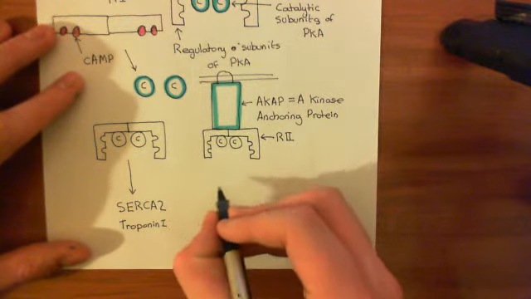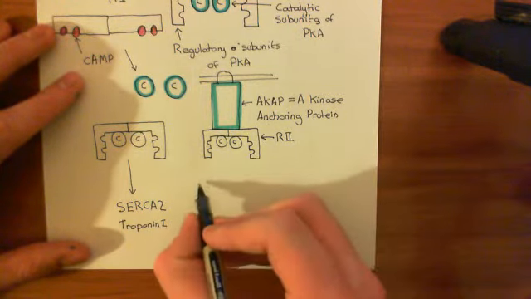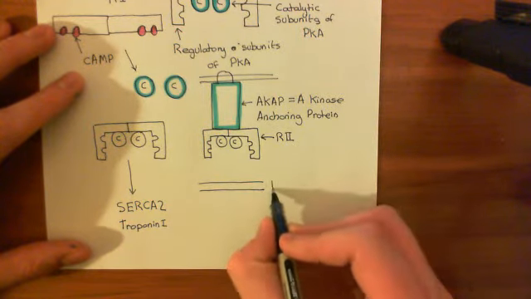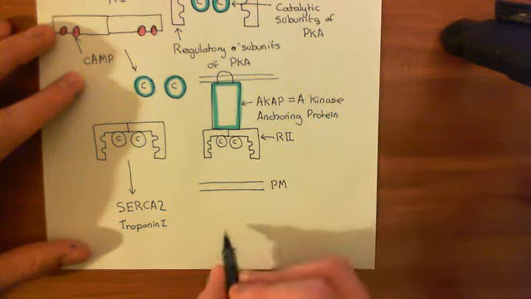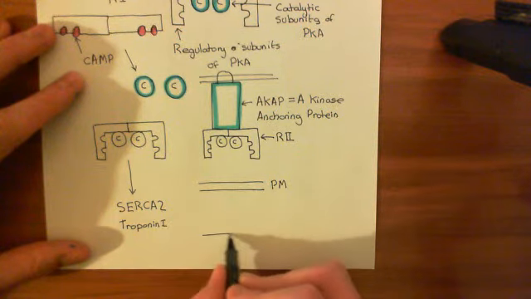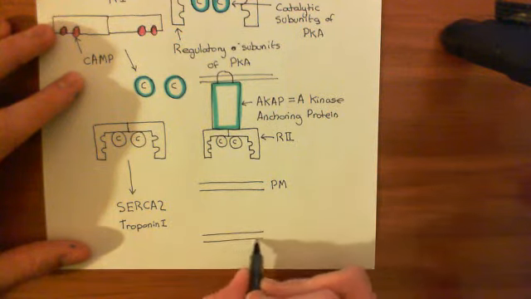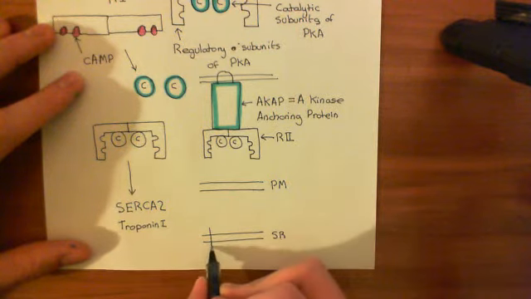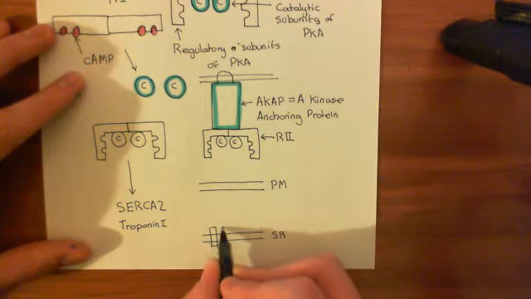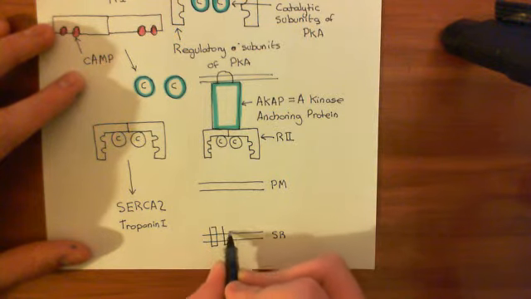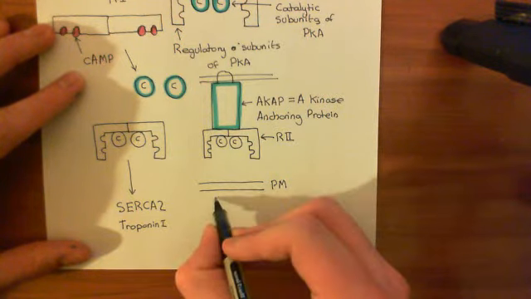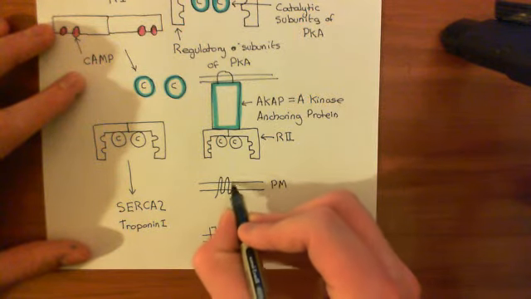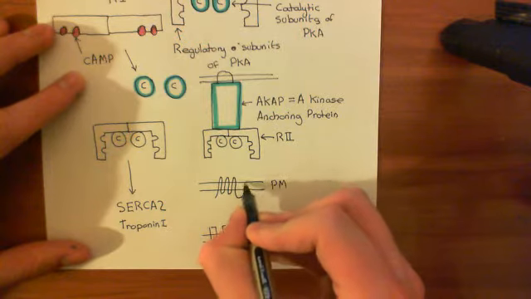So basically, what happens is that you form these beautiful complexes. So if this is the plasma membrane here, okay, plasma membrane's here, then if this is the sarcoplasmic reticulum membrane here, so this is a calcium synapse basically, then let's say this is the type 2 ryanodine receptor here, okay, then if we put our adenylyl cyclase enzyme here, the AKAP will bind to the adenylyl cyclase enzyme.